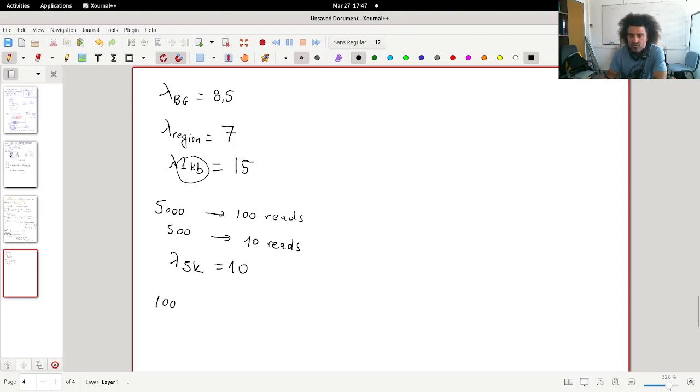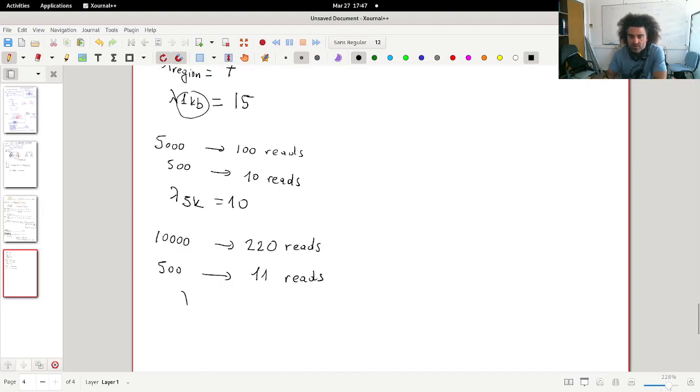And let's assume that in these 10,000 base pairs we would have 220 reads, which would mean that in 500 base pairs we would divide this by 20 and this by 20, and then we would have 11 reads, which means that the lambda using the 10kb information would be 11.